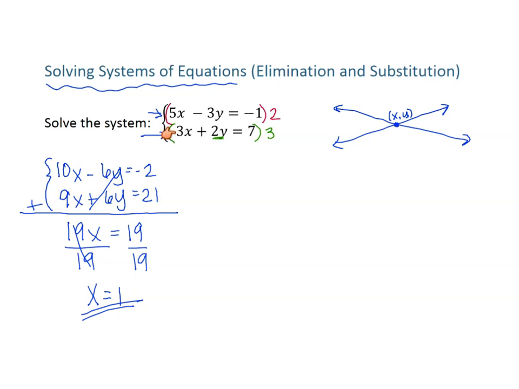So we're going to pick the easier of the 2. I think that this equation looks a little bit easier than this one just because it has less negatives. So let's use this equation, and we're going to plug in the x that we found. So instead of 3 times x, I'm going to write 3 times 1, because that's what I found down here, plus 2y equals 7.